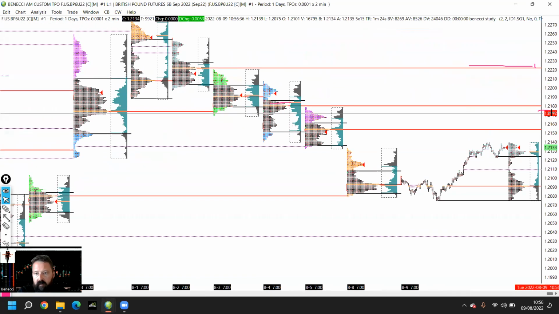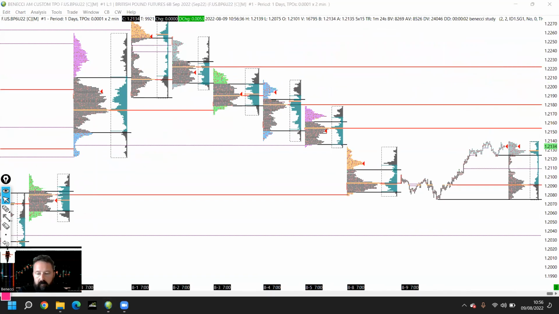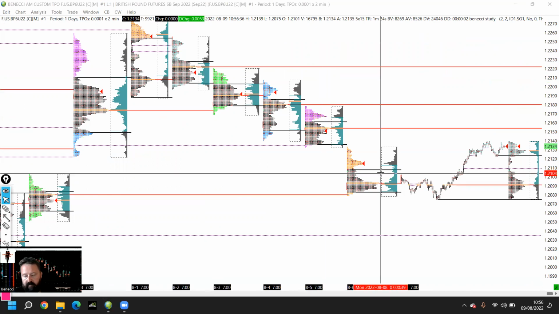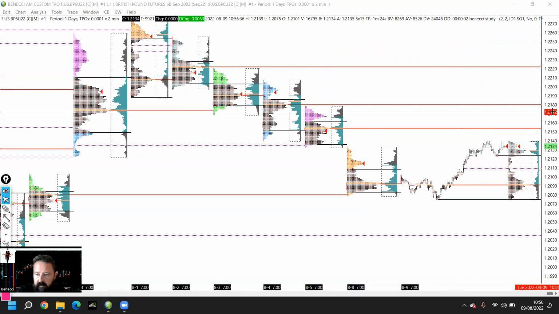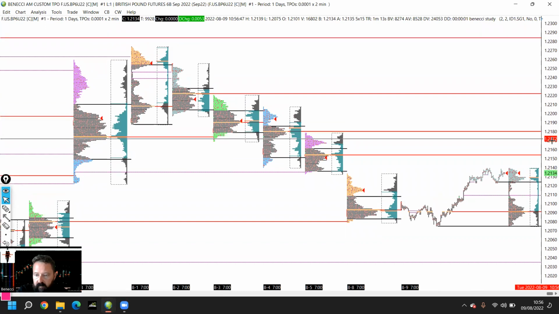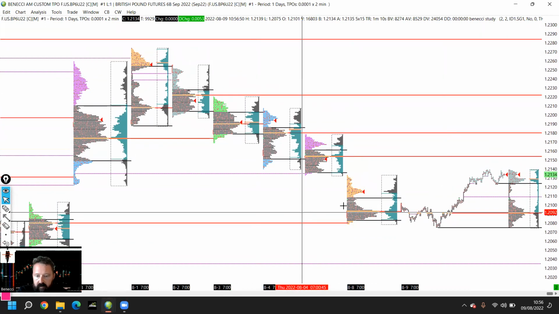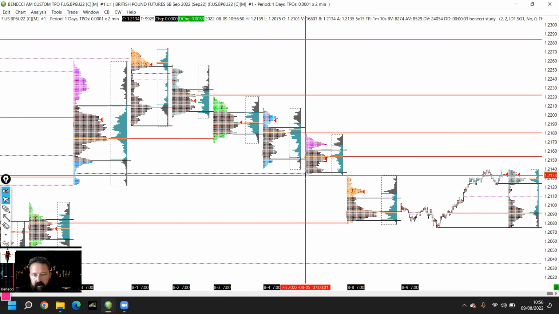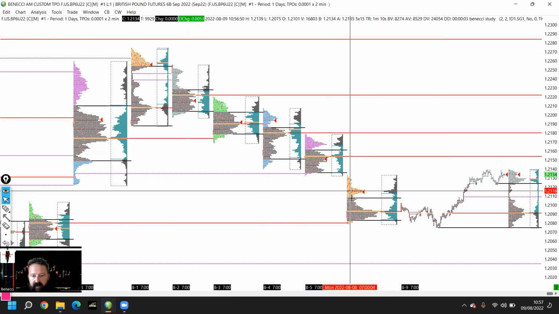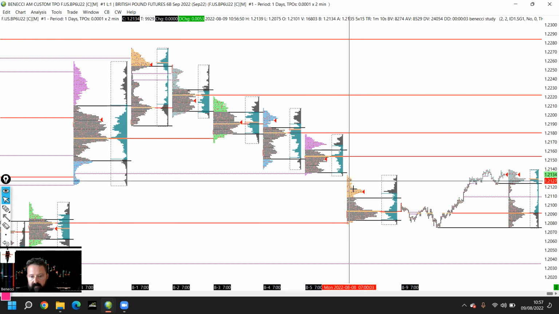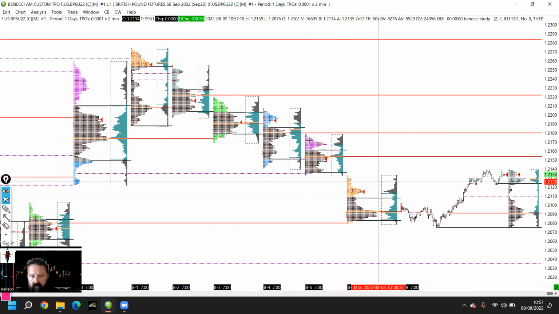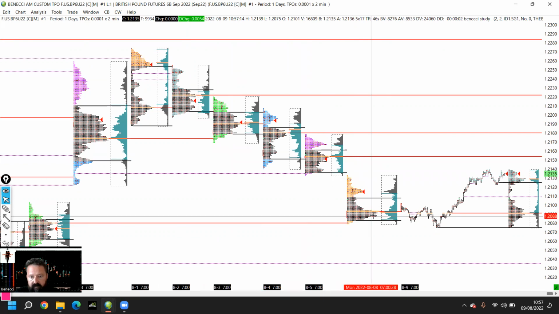So again, this is another profile. But this is what I call my custom morning profile, which is between 7 a.m. and 12 p.m. So we can use the daily profile, which we just looked at, to build a bigger picture of where there's levels. And then you can, I suppose you'd call it a top-down analysis. So between 7 and 12, we can also look inside that bigger daily profile into the previous day's morning profiles, if you understand.